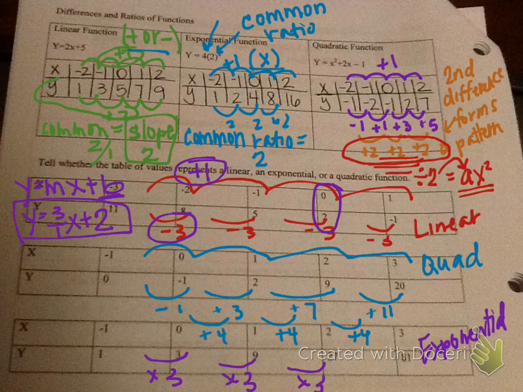On the next one, I have a quadratic, and this is the new one. So let's take a look at what this one's going to look like. All we do is we look at this second difference. We see that it's 4. So we take that 4, we divide it in half, we get 2.